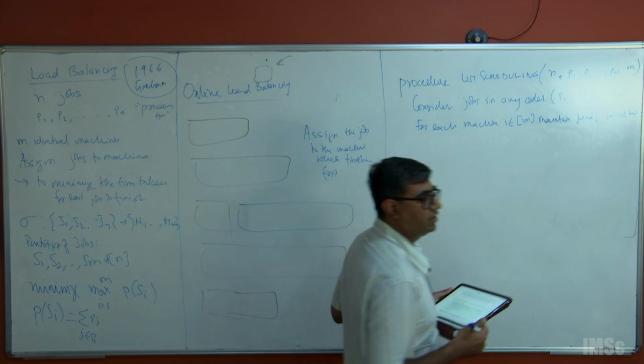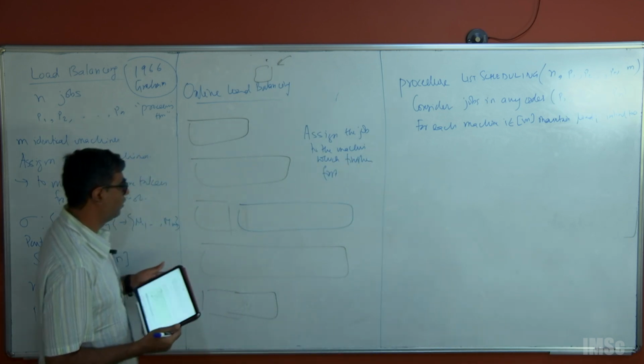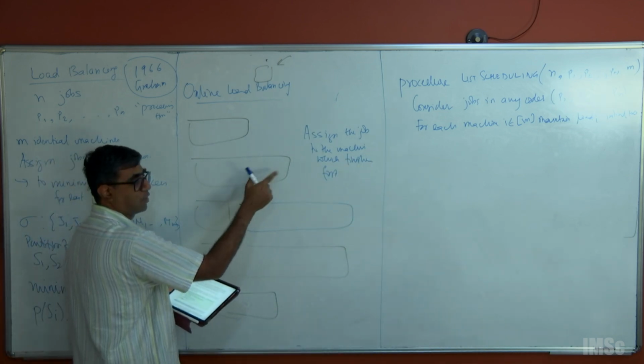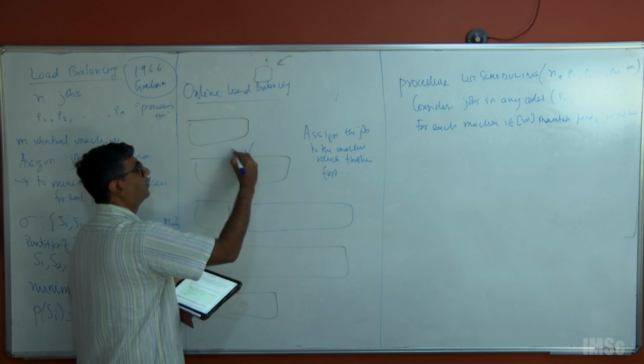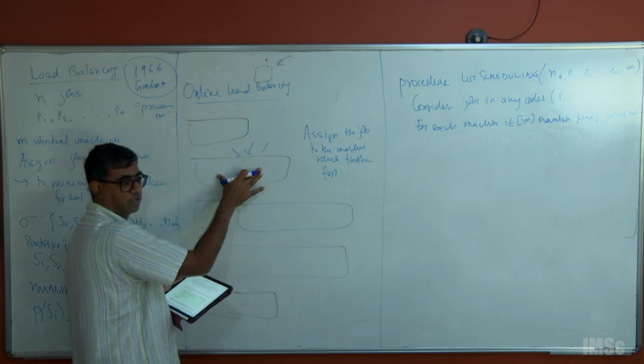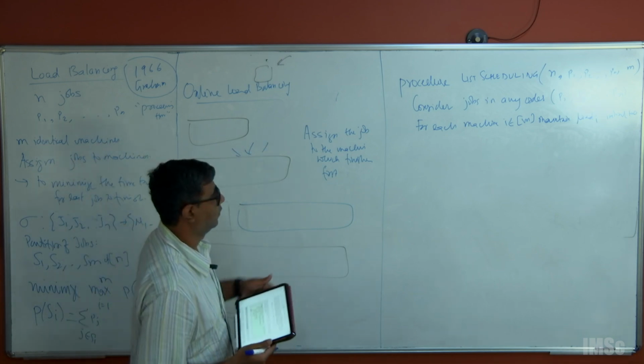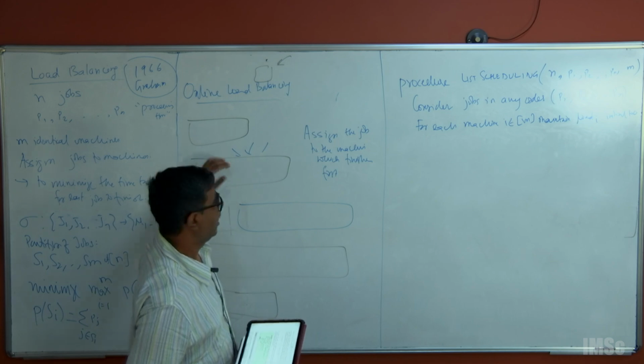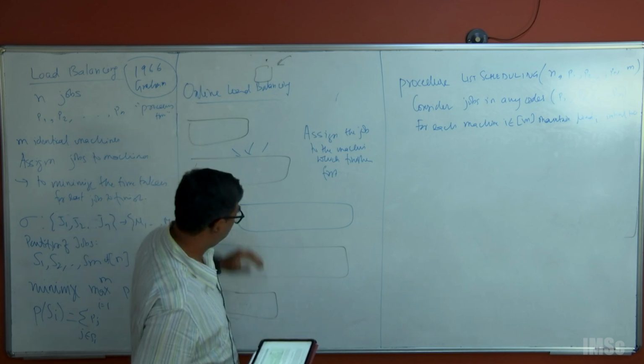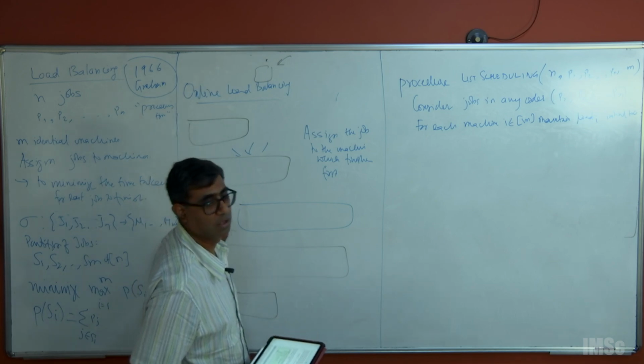So I am maintaining the current load on the machine. What is load? It is the sum of the processing times of jobs that are allotted to the machine. And in terms of load, my goal is to minimize the maximum load.